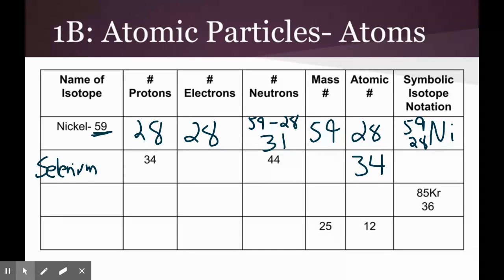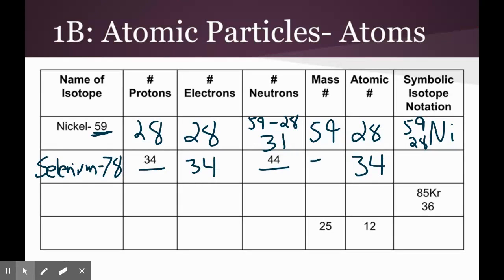However, remember we want to use the information that's given to us in the table. So the number of protons is 34 and the number of neutrons is 44. We want to add those up to get the mass number for this particular element, which is 78. And again, it's a neutral element, so we will have 34 electrons as well.